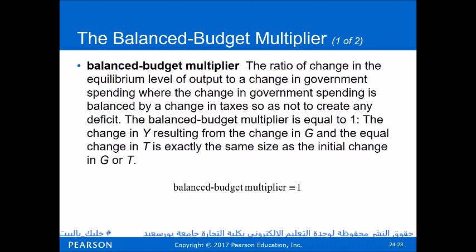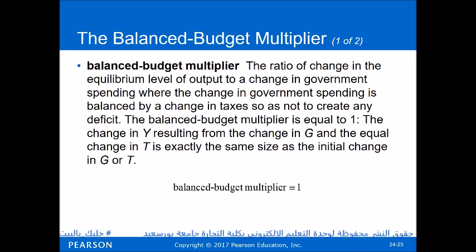The balanced budget multiplier. This is the ratio of the change in equilibrium level of output to a change in government spending, where the change in government spending is balanced by, or is equal to, a change in taxes so as not to create any deficit.